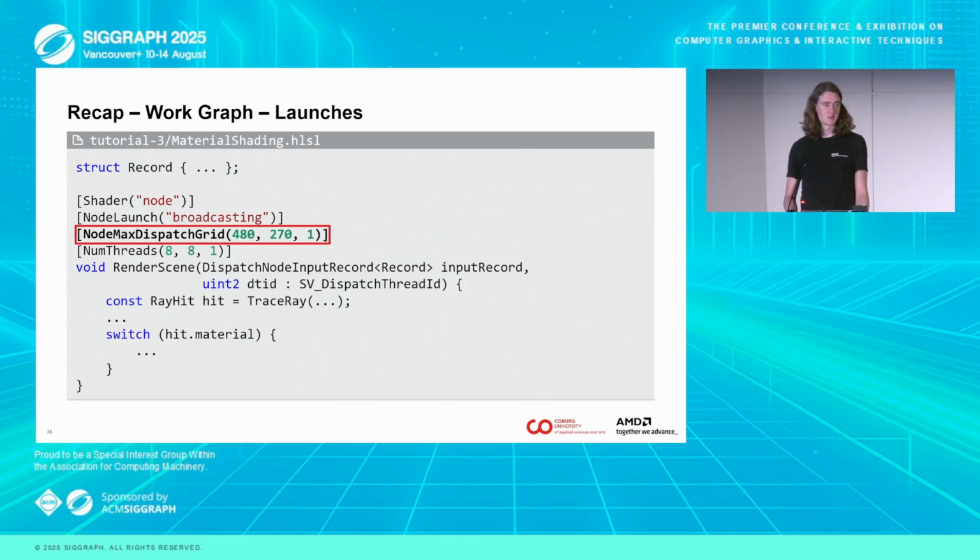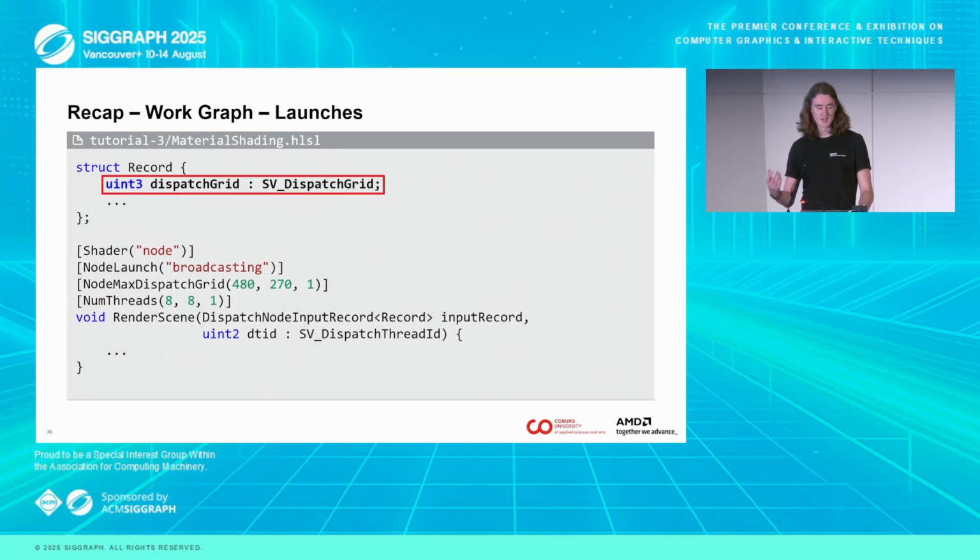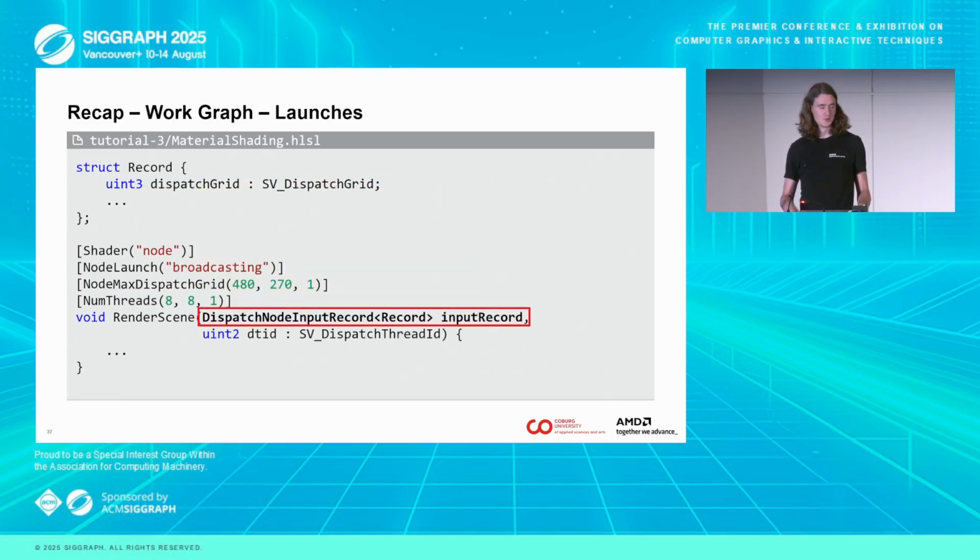We'll switch this up to the node max input dispatch grid. This will just say, okay, this is the maximum grid, and then obviously we still need the new SV dispatch grid semantic as part of a record. This will then set the actual dispatch grid, which will be used, and this will be tied to our node whenever it's launched through this dispatch input record signature where we receive the input record.